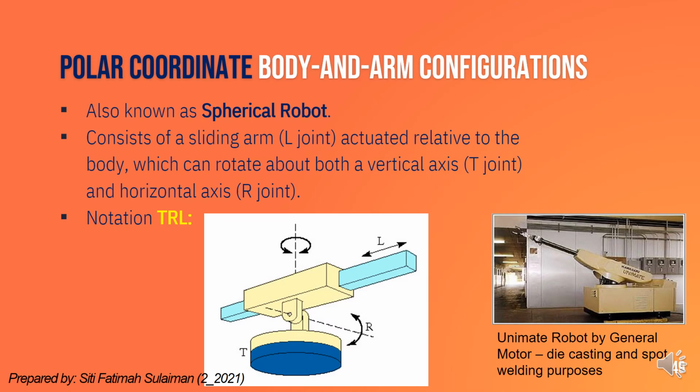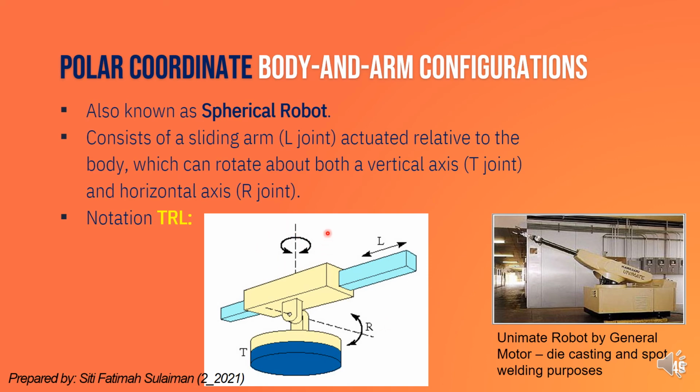Polar coordinate or spherical robot consists of a sliding arm or L joint, a type T joint, and a type R joint. I hope you still remember what type T, type R, and type L are. Type T is a twisting type joint, which makes a twisting motion between the output and input.